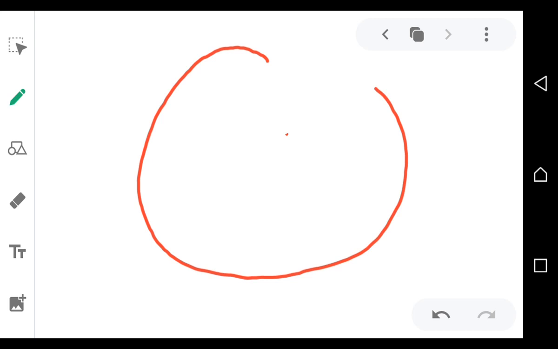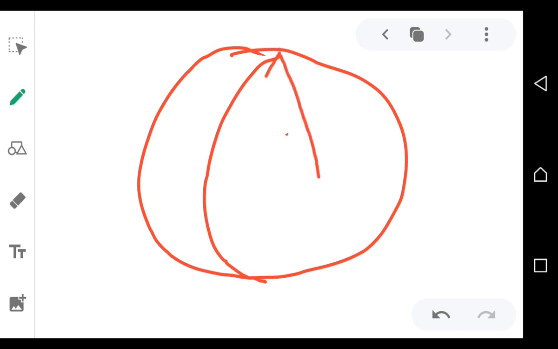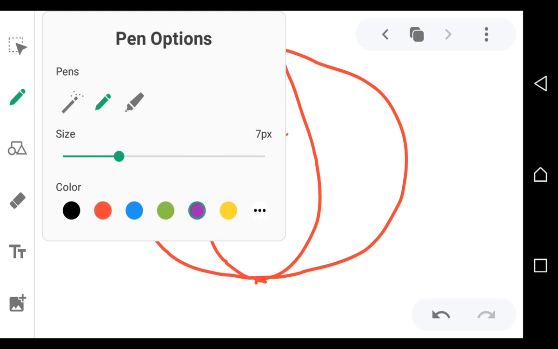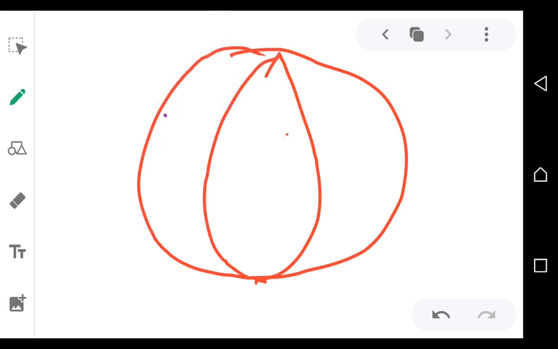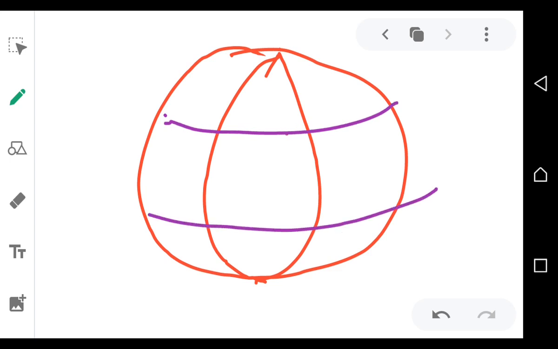So for example, if they give you the Earth, it's like this. This is the Earth, and then they give you a longitude like this, another longitude like this, and then they give you a latitude like that, another latitude here, and then I'm going to put 2 points here, this one and this one.